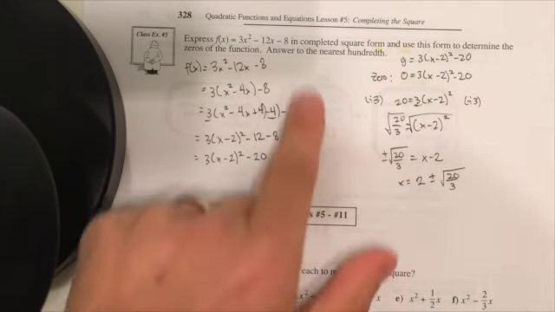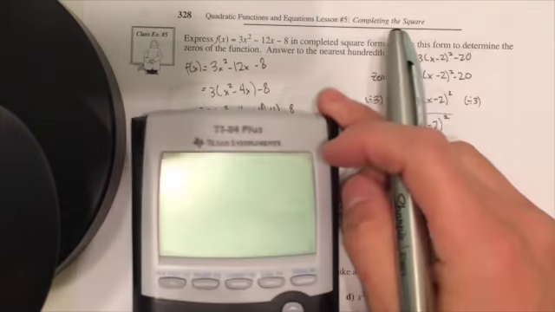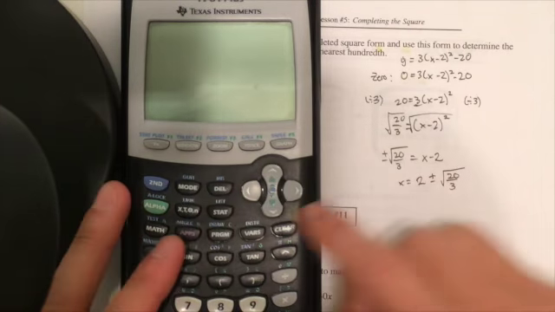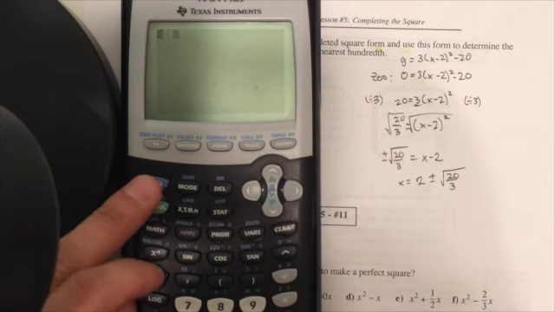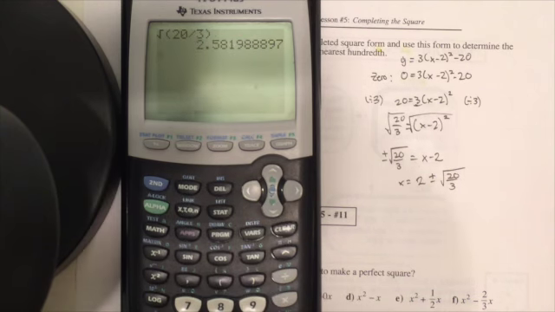And we want this answer to the nearest hundredth, so we do actually want to solve this out. Okay, so if I were to put this into my calculator, let's see what the square root of 20 over 3 is first. 20 divided by 3, and I want it to be plus or minus that.